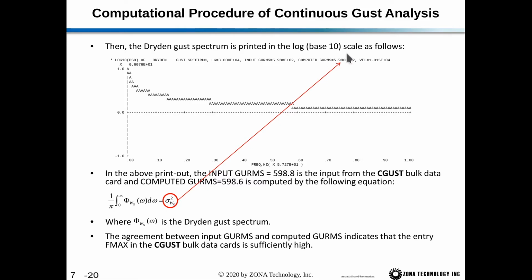So the computed RMS value is computed by this equation. But remember, instead of infinity, this is actually from 0 to FMAX. So these two values ideally should be the same or very, very close to each other. If they're not equal, then that means your FMAX is not high enough.